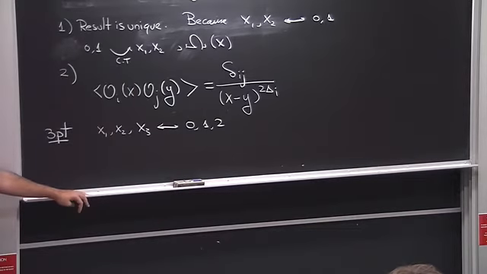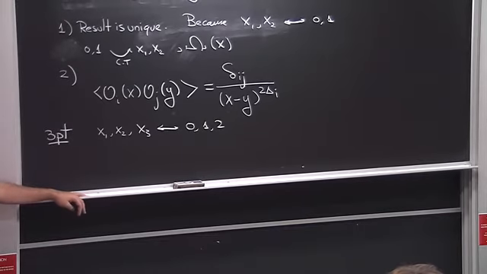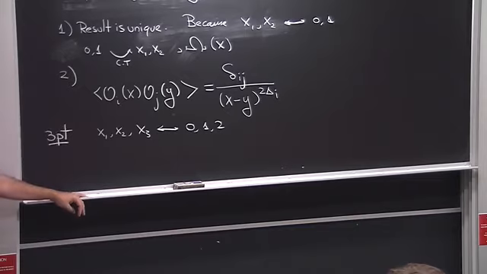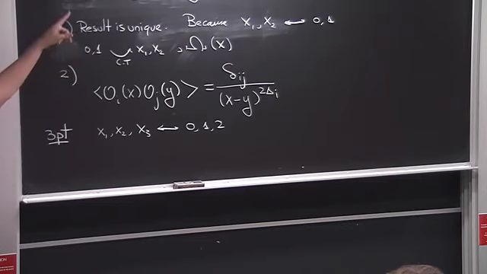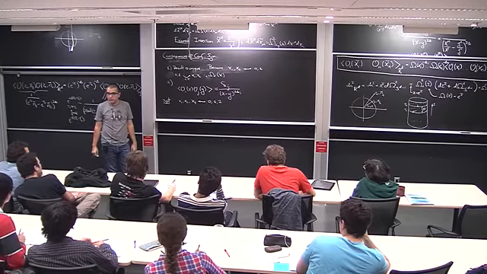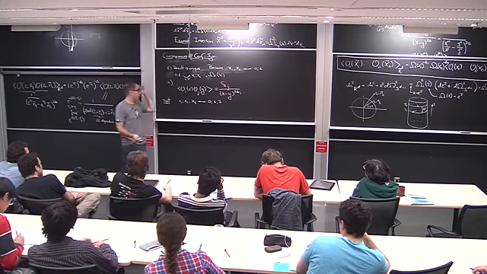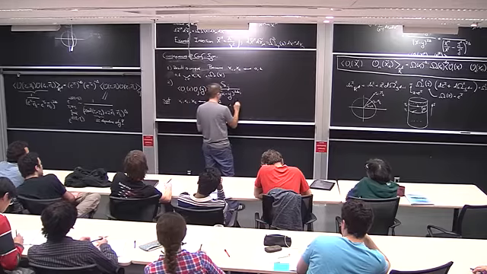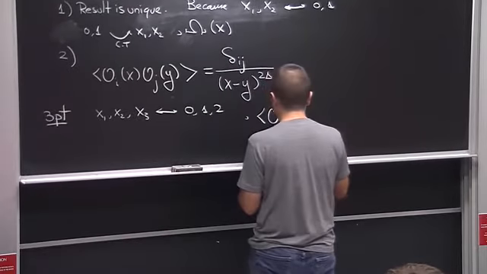People like 0, 1, infinity, I don't know why. So we can always put 3 points at 0, 1, infinity, apply a conformal transformation that maps you to x1, x2, x3, your favorite points, read off the corresponding omegas, and that will be the result of the 3-point function. So it is unique. Again, I just tell you what the result is, and it's just a question of checking that it works.